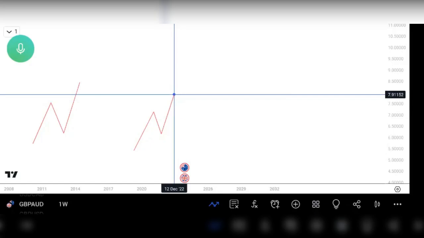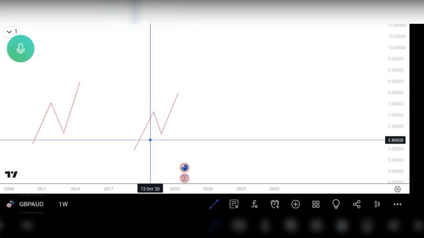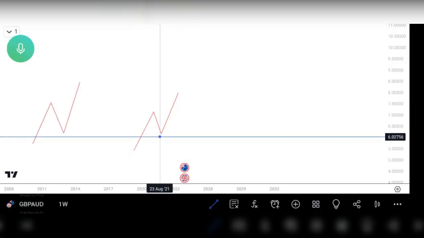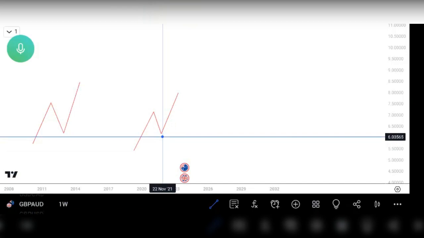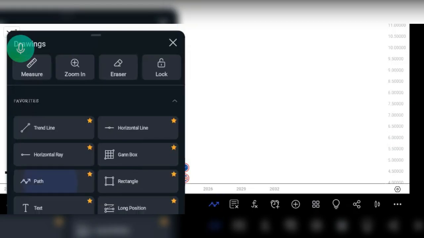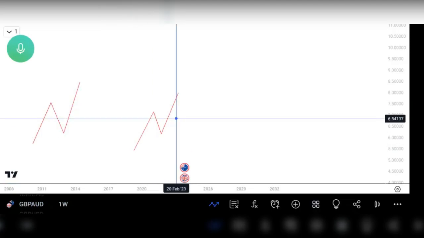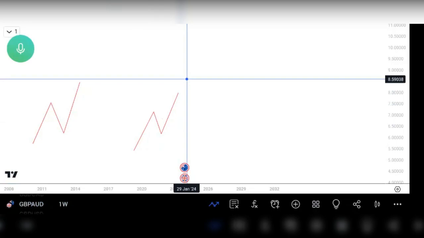But now, when it comes to algo structure, we have something like this. The people that don't understand algo structure will say this is higher low, higher high, higher low, higher high. But when it comes to advanced market structure that entails the concept of liquidity, we see all this move as just a swing move.